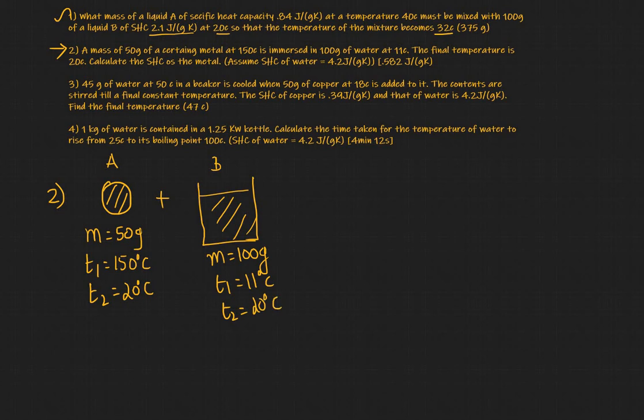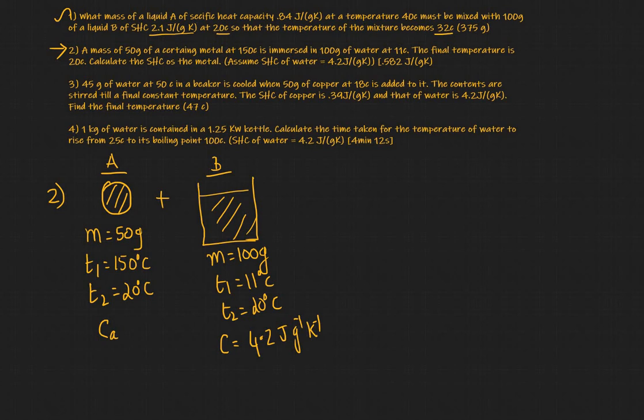Note that the labeling was not there, but we have labeled both of these. Now the C for water is given as 4.2 joules per gram per Kelvin. We need to find the C for the metal, so we need to find what is CA.